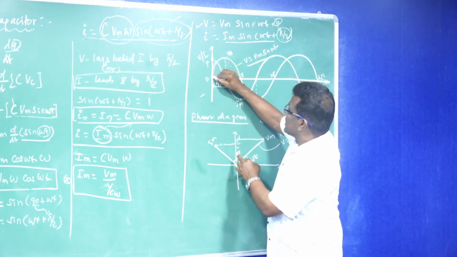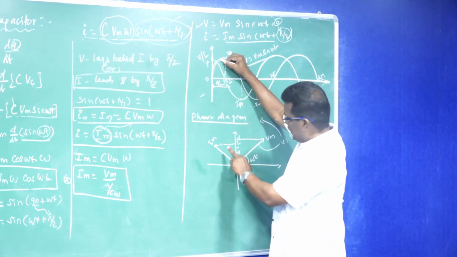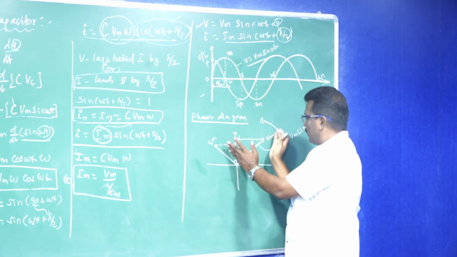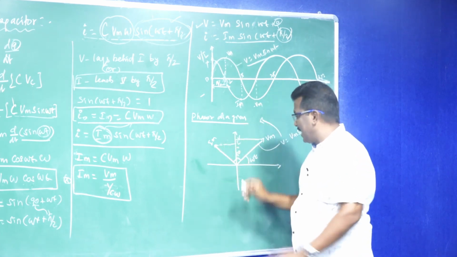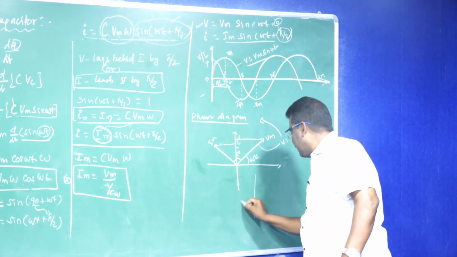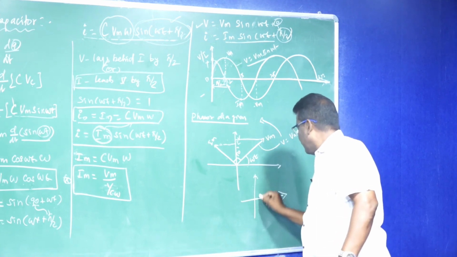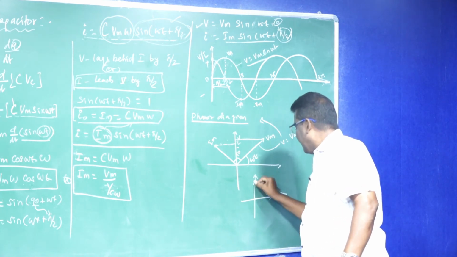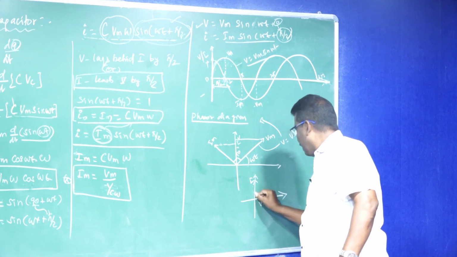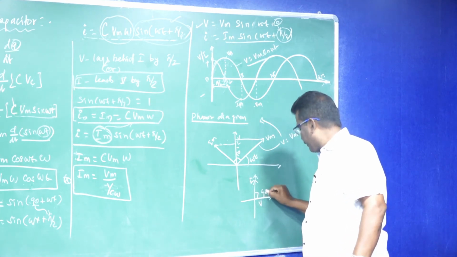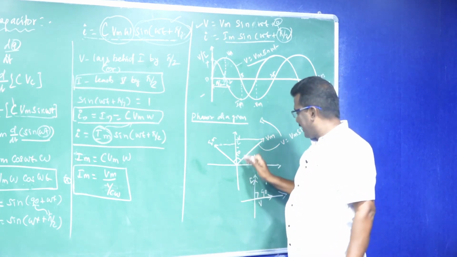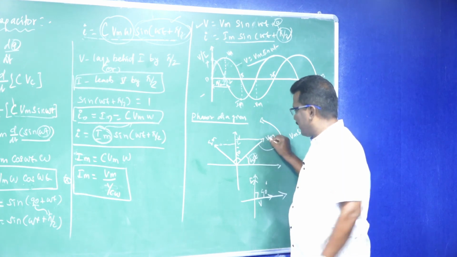When time increases, voltage increases, current decreases. Or otherwise we can express: initially this is V, this is I. V and I are 90 degrees apart. At any instant, this is Vm and Im.